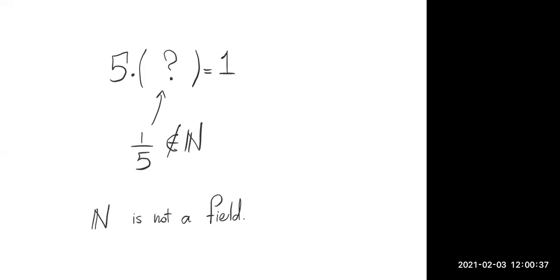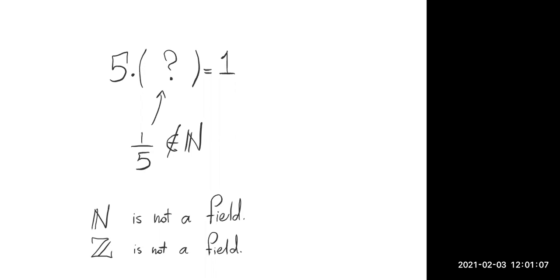Okay. Similar arguments hold for the set of integers, which is not a field either. Well, over Z we have additive inverses, right? For any integer, say 3, there is another integer, -3, which if we add them we would get 0.